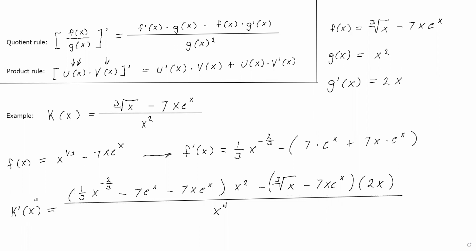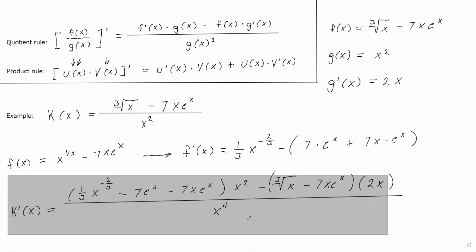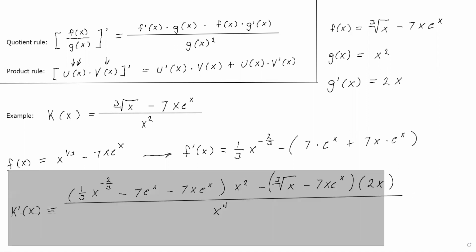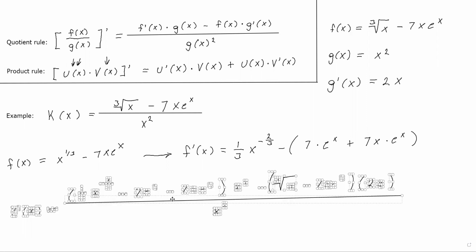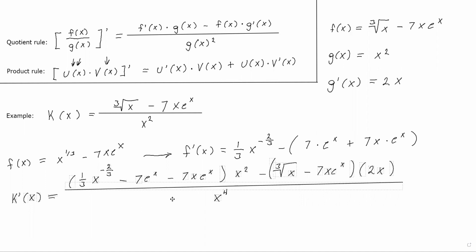So let's just get this a little bit out of the way so we can simplify it a bit. So k prime of x equals, all right, excuse me, time to distribute everything.